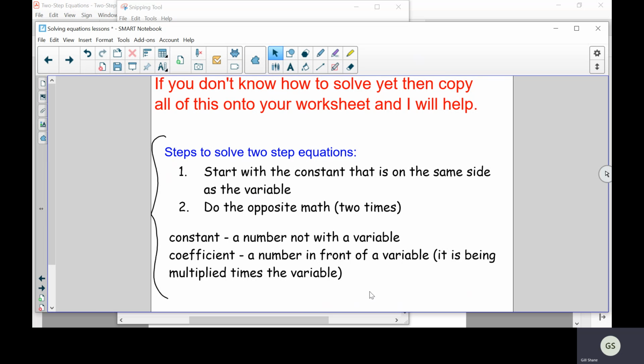So out of these three numbers, which numbers are not with the coefficient? Yeah, those two. That's your first step. So our first step is start with a constant that is on the same side as the coefficient. Which one of those is on the same side as the coefficient?